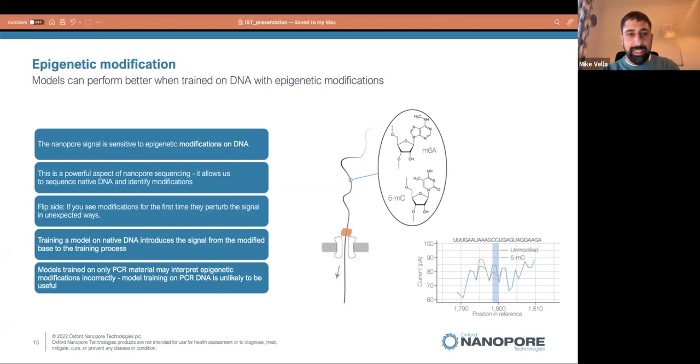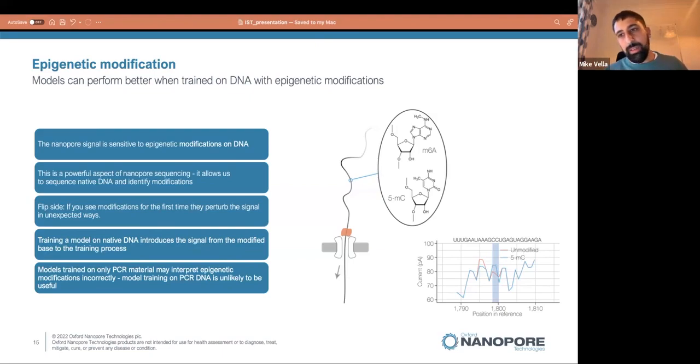The flip side is that if you have DNA modifications, so new characters essentially, that you're seeing for the first time, they perturb the signal in quite unexpected ways. So training a model on DNA introduces the modified signal into the training process, and we spend quite a lot of time making sure that our training data set composition includes as many modifications as possible from nature.